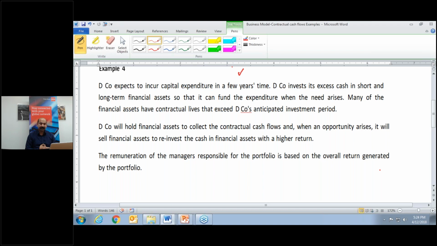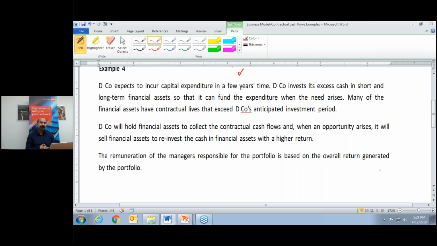E company maintains this strategy until the funds are needed, at which time E company uses the proceeds from the maturing financial assets to fund the capital expenditure. Only sales that are insignificant in value occur before maturity, unless there is an increase in credit risk. My question is, how is the business model of E company achieved under IFRS 9?